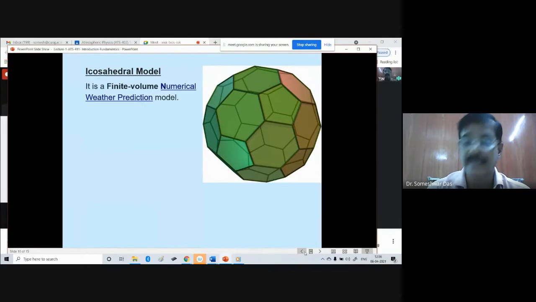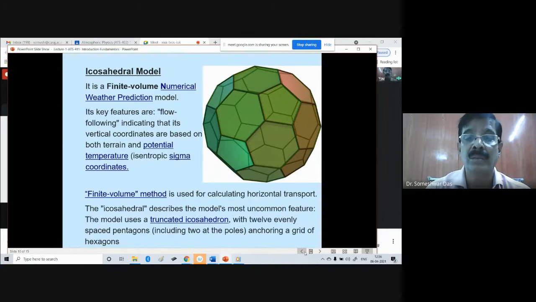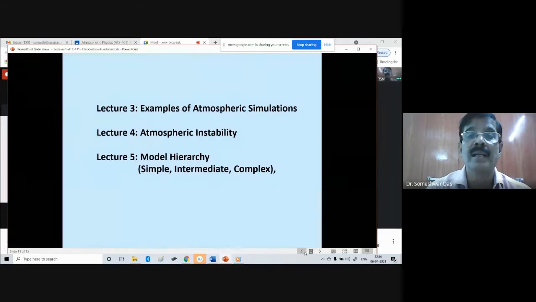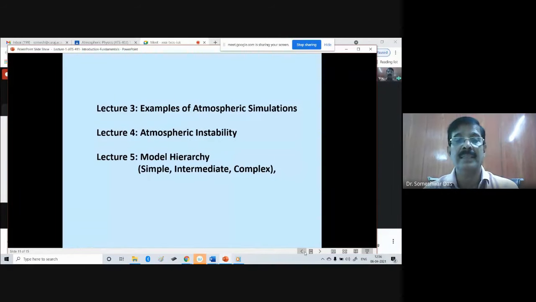And in that context, we talked about many different models, including the ICOSA hydrogen model. In today's class, as per this syllabus, I'll show you many examples of atmospheric simulations.